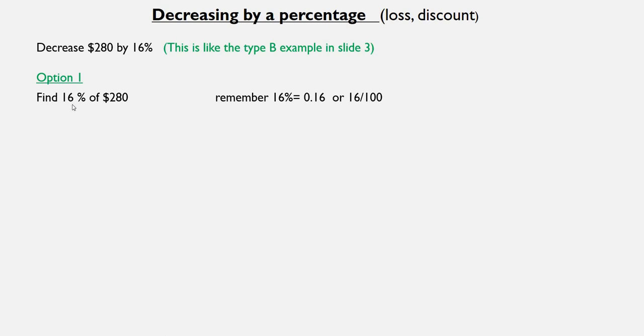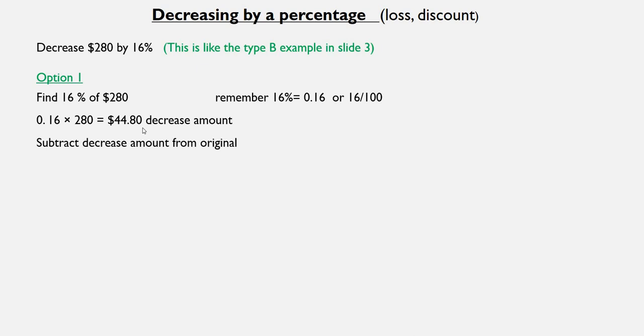So I need to find 16% of 280. That gives me a decrease amount of $44.80. Now I just need to take the $44.80 away from my original 280. And that gives me $235.20.